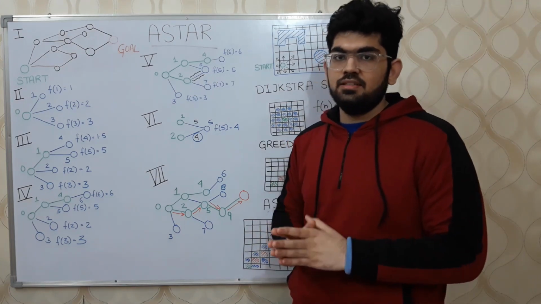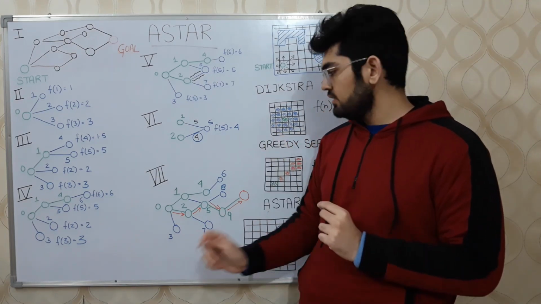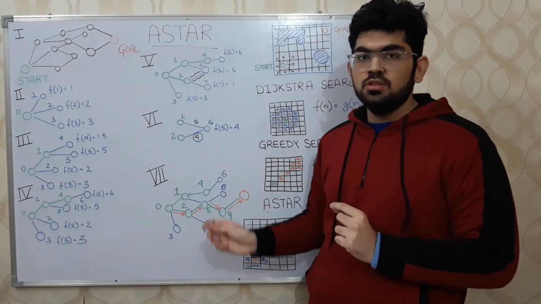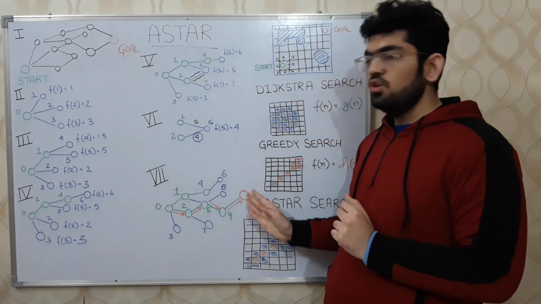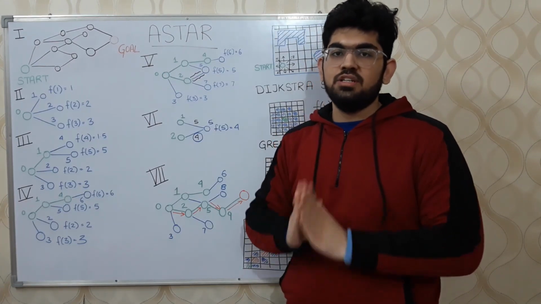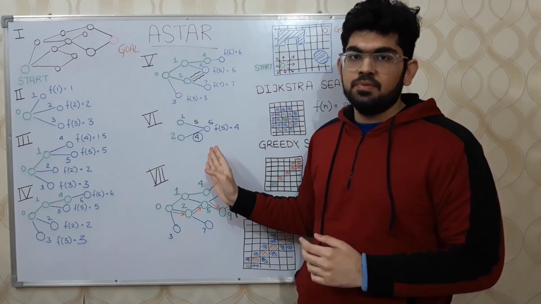Based on the expansion, we can see that nodes 0, 2, 5, 9 lead from the start node to the goal node.